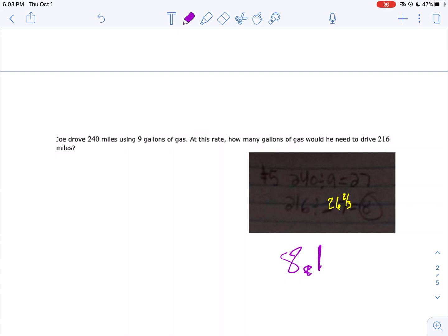Now, that's one way to do it. I'm going to show you a different way. You can do it your way as long as you don't round and you'll get it correct. Let me show you a different way, though. We're going to do ratios. So you went 240 miles on 9 gallons. I want to know how many gallons, so I don't know what the gallons is. That's your X. But you went 216 miles, didn't you?